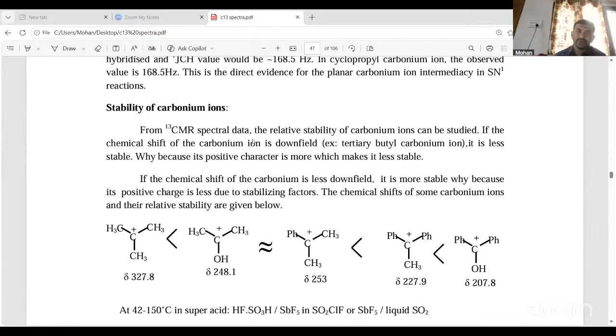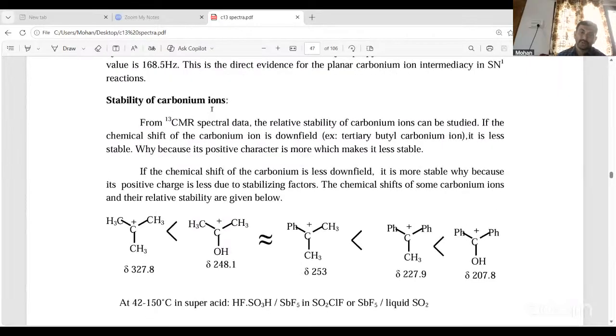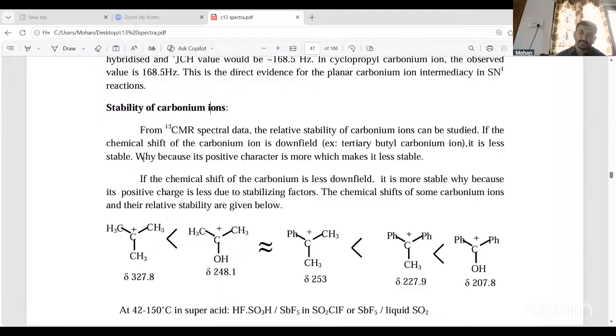Next, stability of carbonium ions. Okay, stability of carbonium ions. So carbonium means carbocation. You can predict the stability of the carbonium ion based on the C13 chemical shift values here. Generally, the more stable carbonium ion has the higher delta values.